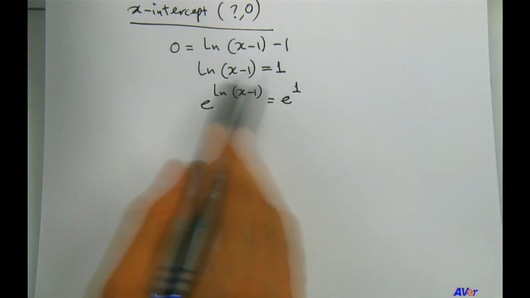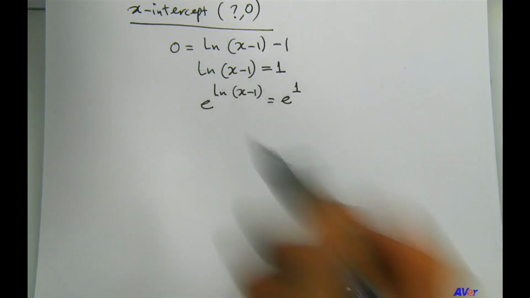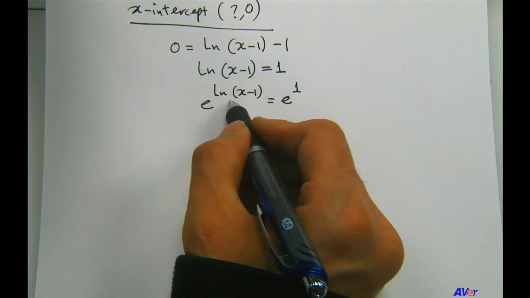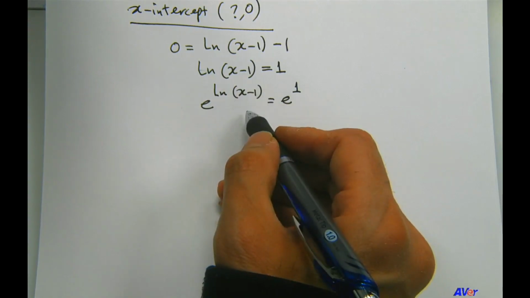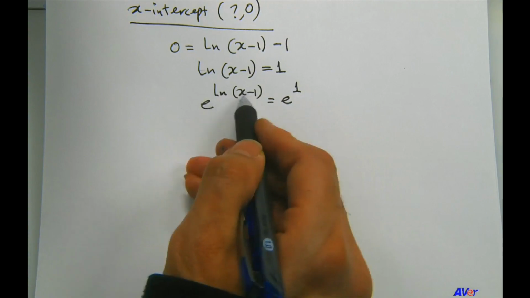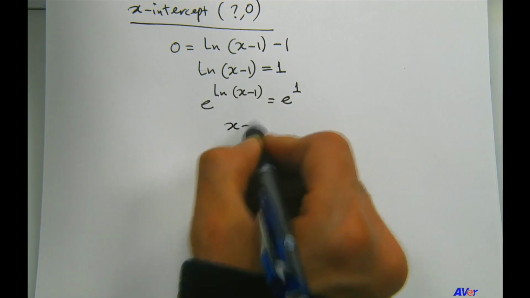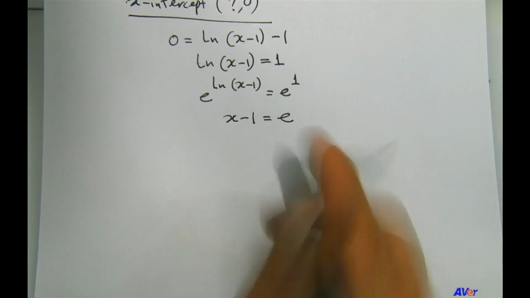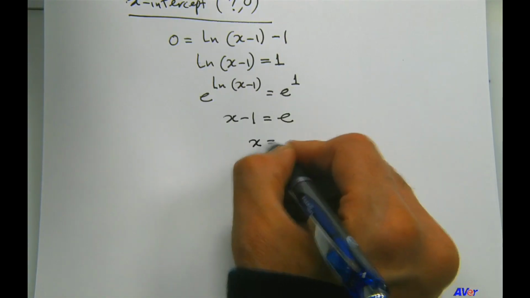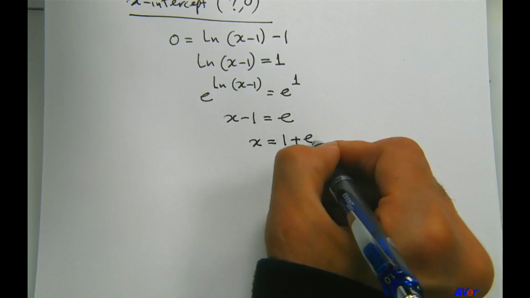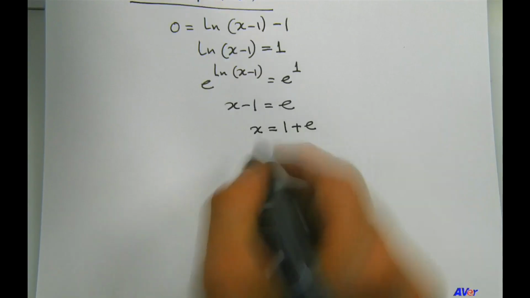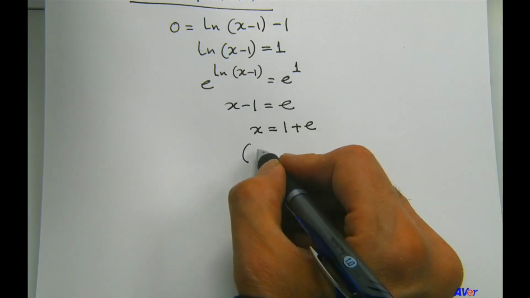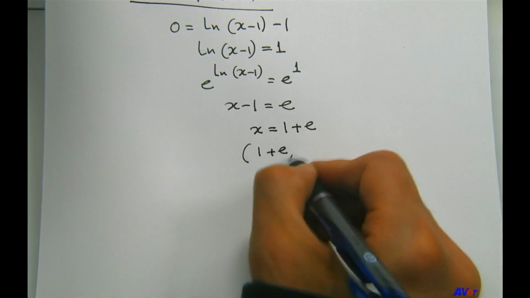We do that to both sides, and we're allowed to do that. On the left, things become significantly simpler because this simplifies to x minus 1, and the right side is just e. So the x-intercept is equal to 1 plus e. So the x-intercept would be (1 plus e, 0).